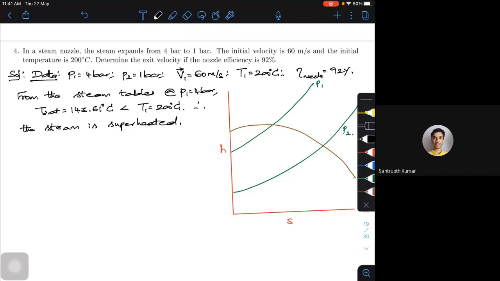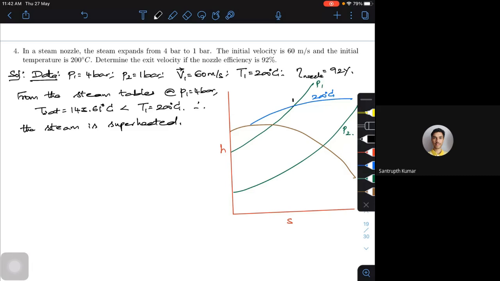So in that case, I need to go and check for its superheated condition. There will be one line going like this in your Mollier chart, that is the 200 degrees centigrade line. Wherever it meets P1 equal to 4 bar, that is your point 1.